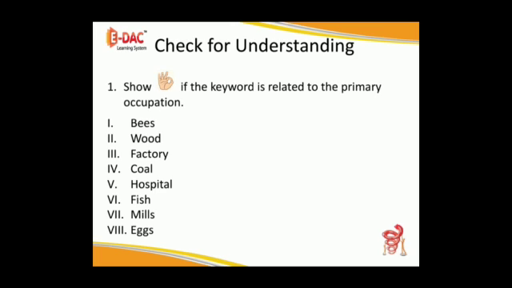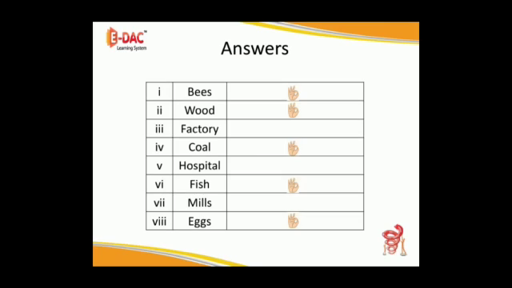Seventh one, mills. Eighth one, eggs. Check your answers here. The symbol should be shown for bees, wood, coal, fishing, and eggs.